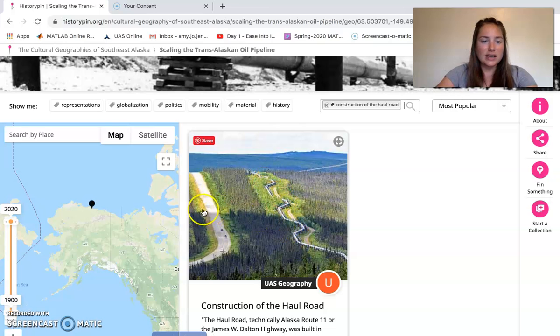And I decided to pin it up in the north slope because it is the only road that leads up there. The road itself spans from the interior of Alaska all the way to the Arctic Ocean. It crosses the Yukon River, the Arctic Circle, the Brooks Range, the Continental Divide, and the North Slope.